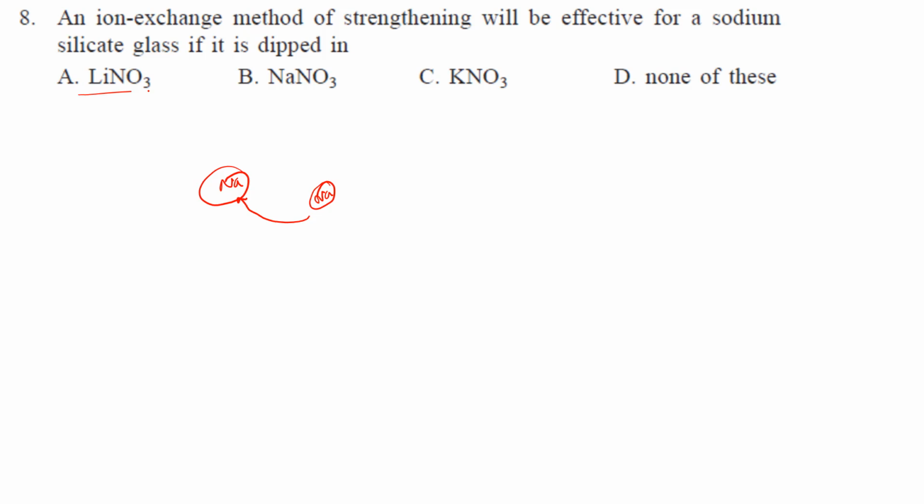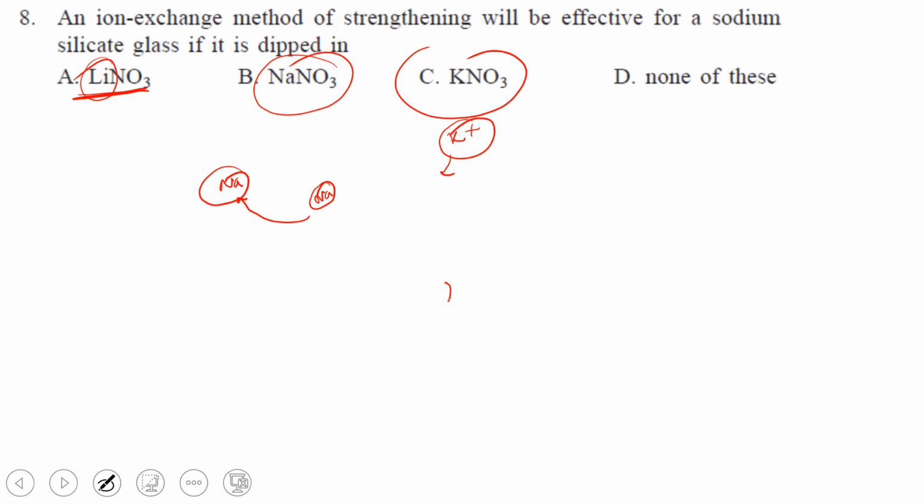Now you see LiNO3, lithium size is smaller; NaNO3, sodium size is similar, so this is also not going to work. KNO3, this K plus size is greater. So this can be used and it will be effective, right? So option C is the correct one.